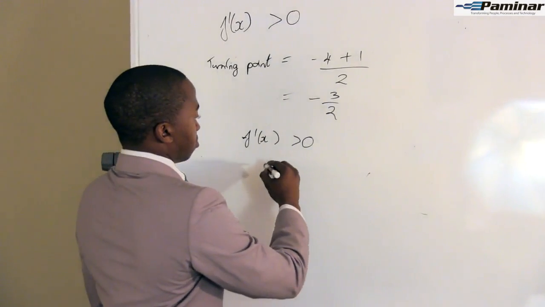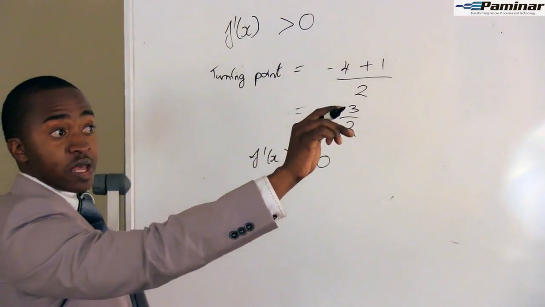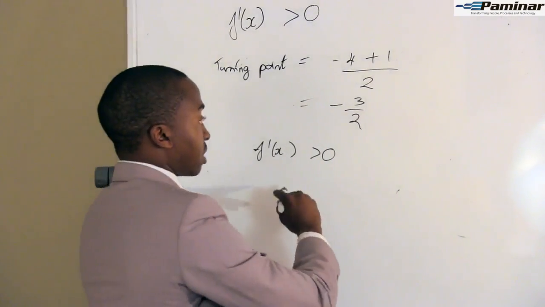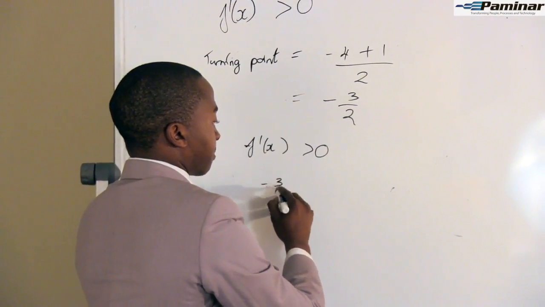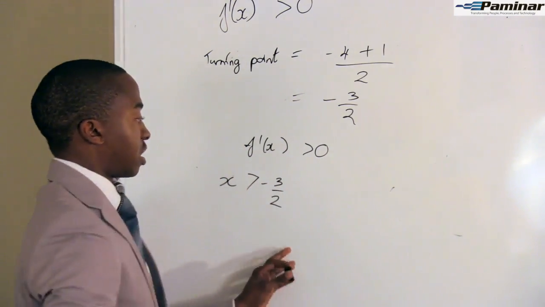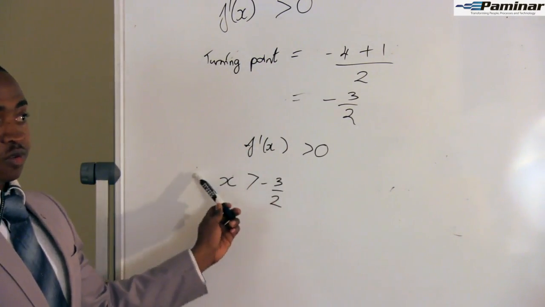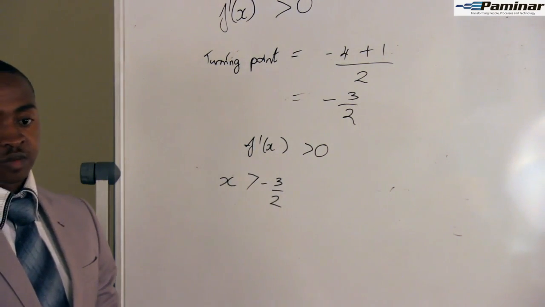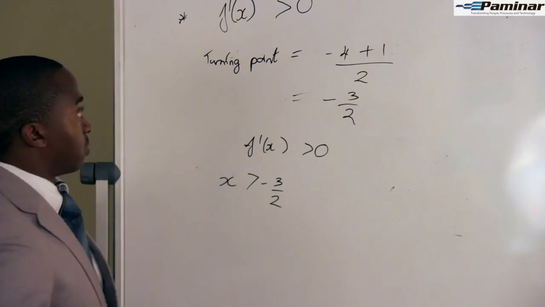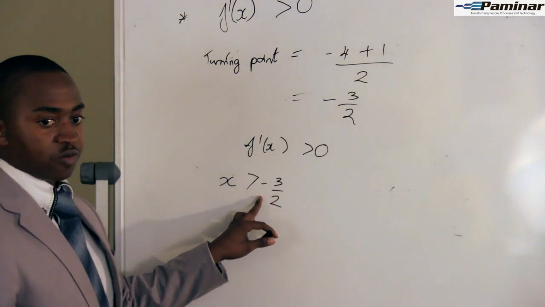Therefore, with x equals -3 over 2 being the turning point, everything to the right of it, any x greater than -3 over 2, based on this theory, gives you the values of x for which this graph is decreasing. So we base everything on that midpoint value of x.